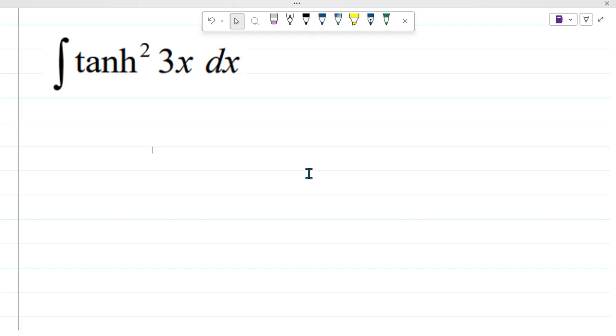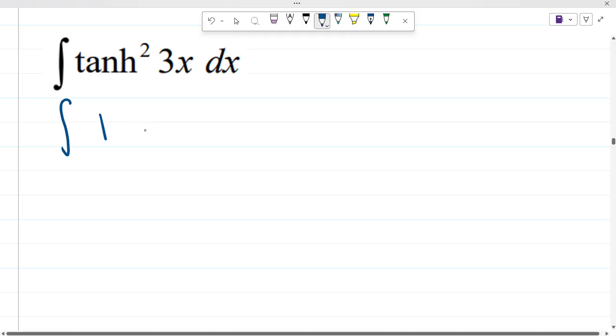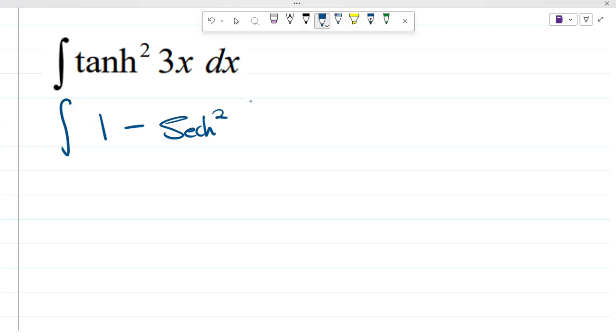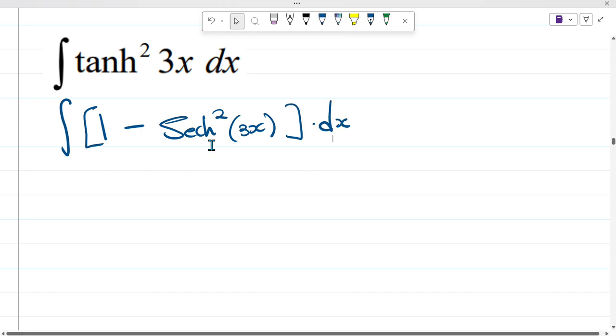We know that this thing is the same as 1 minus hyperbolic sec squared of 3x dx. You understand?